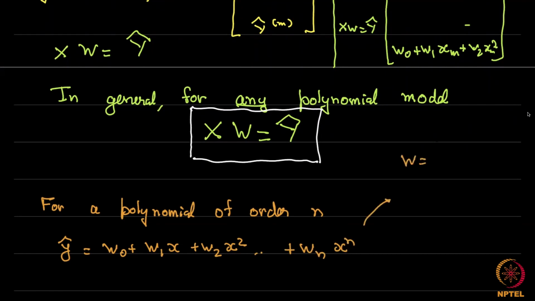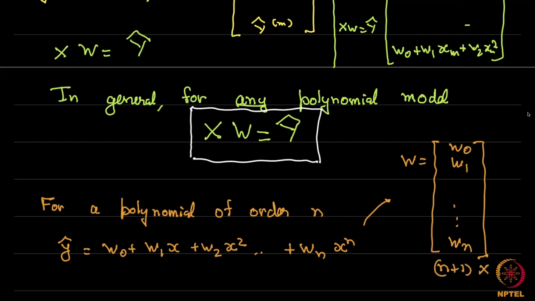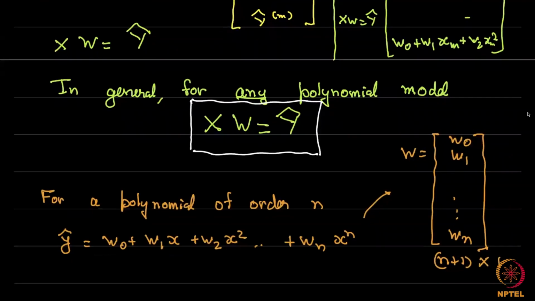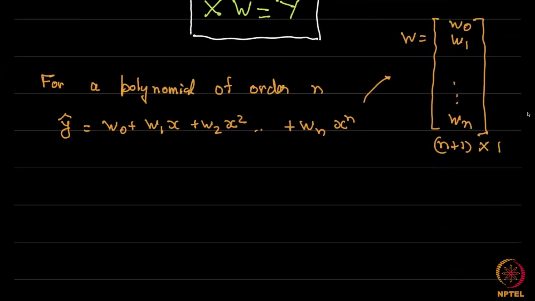W itself will be of size W0, W1 up until Wn. So this is an n plus 1 cross 1 matrix, because you have n of these terms, then you have this added term W0. So this is an n plus 1 cross 1 matrix.